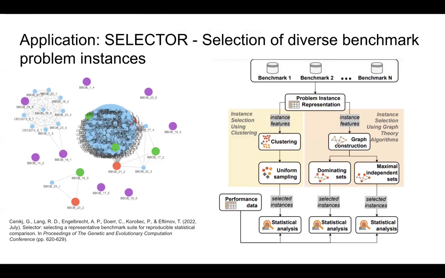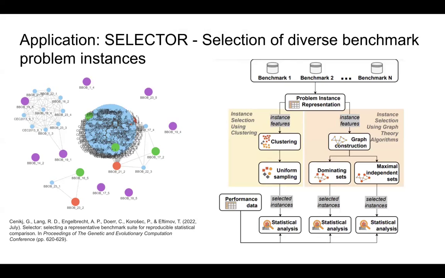And what we have done here is we took all of the problem instances from the most commonly used benchmarks in single objective optimization. We have then represented them using these problem landscape features, and then we are performing analysis on top of these vectors that we obtain for each problem.